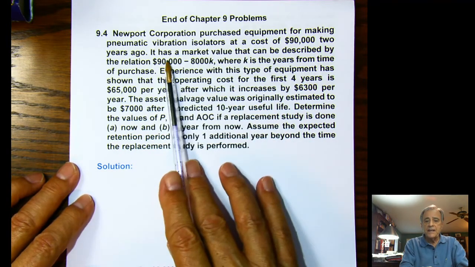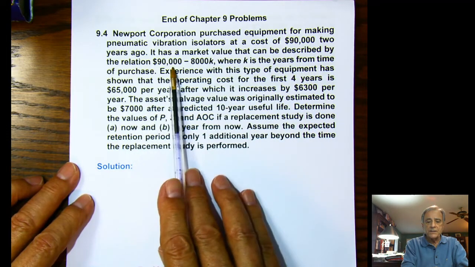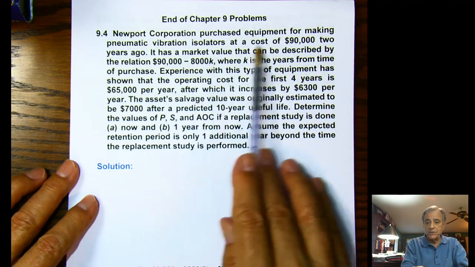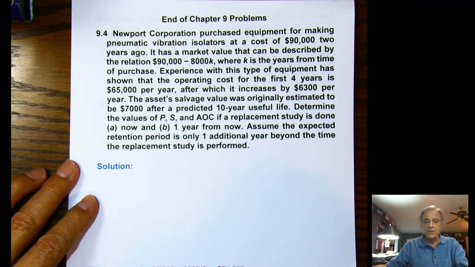He says it has a market value that can be described by the relationship 90,000, which was what you paid for it, minus 8,000 K, where K is the number of years.